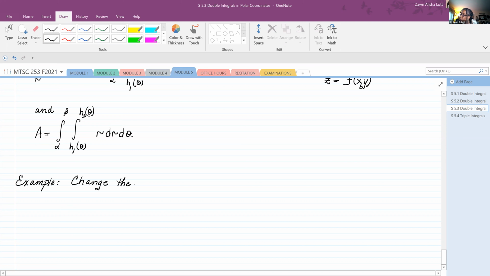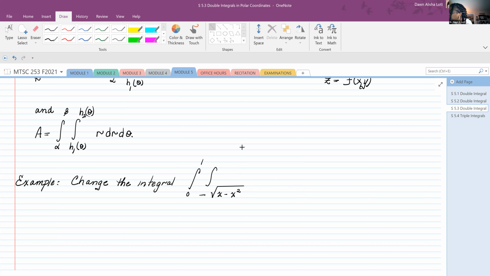Okay. Change the integral, the integral from 0 to 1, the integral from minus the square root of x minus x squared to the positive square root of x minus x squared.